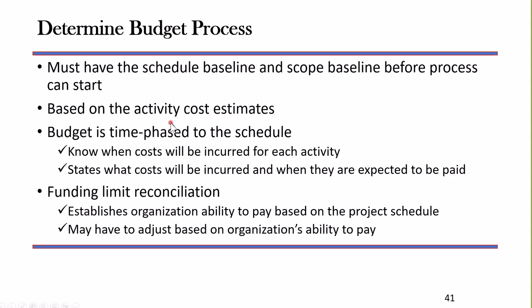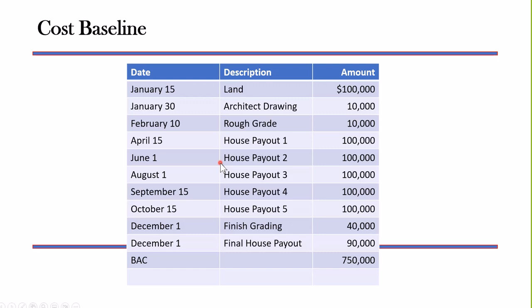It is based on the activity cost estimates, and it is time phased. The budget is time phased to the schedule. And if we need to do the funding limit reconciliation, then of course we would do that as well. The cost baseline here can look many different ways, whatever your methodology calls for. But here we have a time phased payout of our cost baseline.